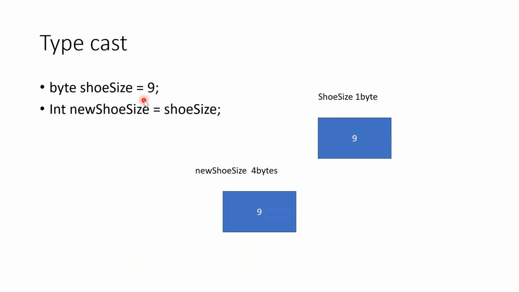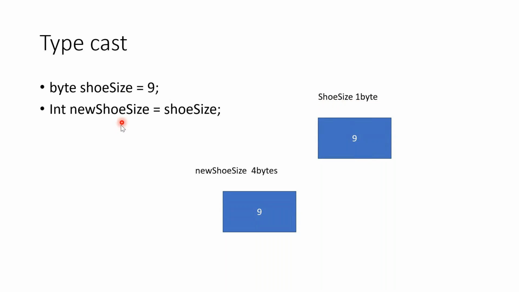When I define a variable like this, byte shoe size equal to 9, it means the shoe size will be assigned to a memory address. Shoe size is a variable that points to some memory address. Going forward, if I want to pull the size of the shoe, I will use that variable only, instead of calling the memory address.